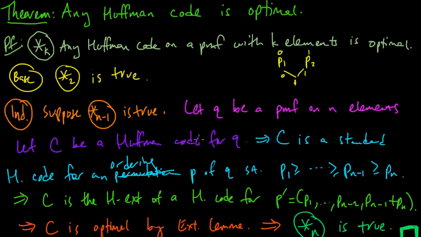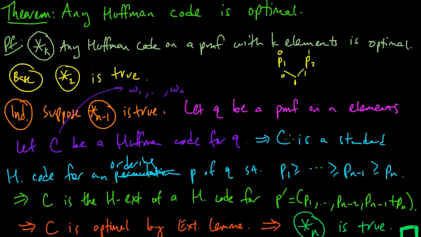Huffman coding is optimal. Now, let me make one clarification in the proof. I said let C be a Huffman code for Q, and then I referred to C again as being a standard Huffman code for P. This C has some code words W1 up to WN.